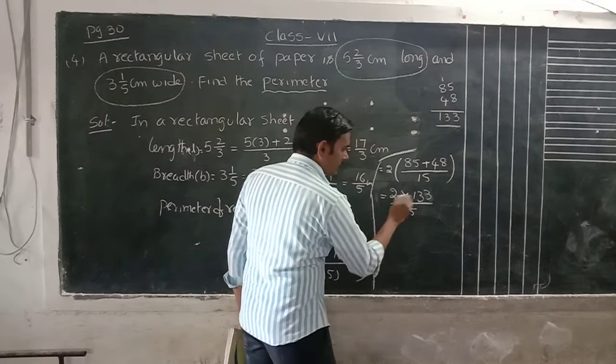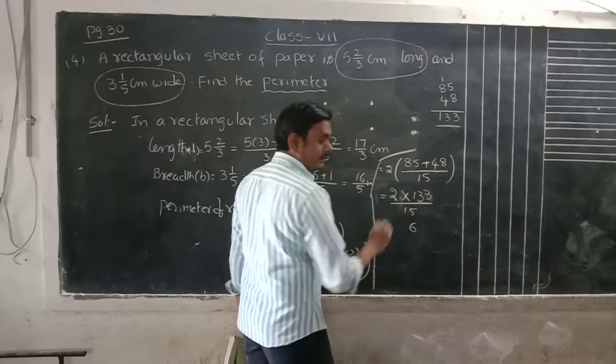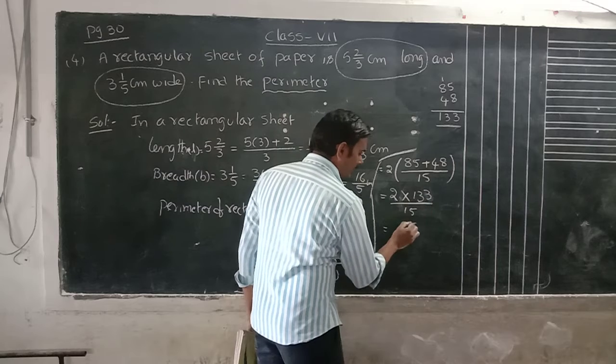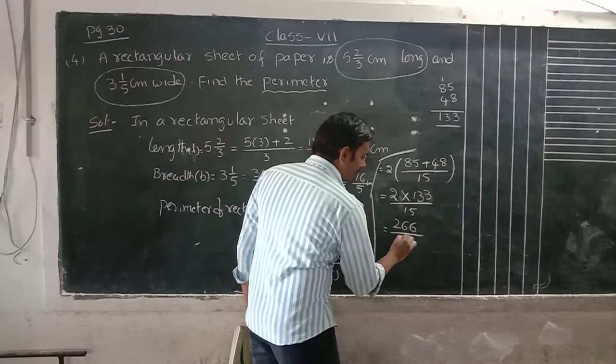Now multiply 2 into 133: 2 times 3 is 6, 2 times 3 is 6, 2 times 1 is 2. So 266/15.